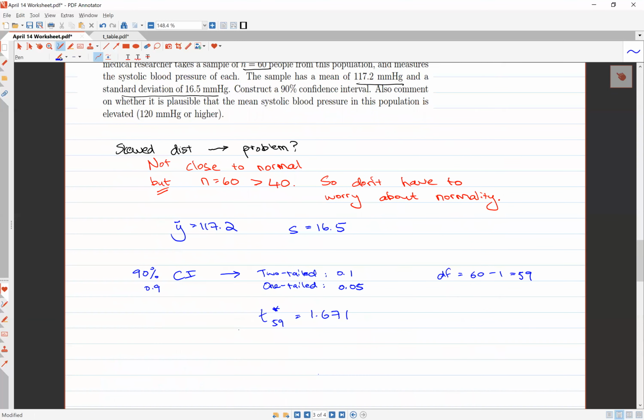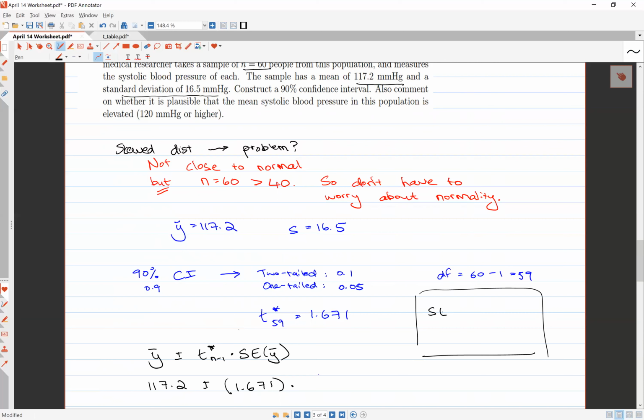So this now gives us what we need to construct that confidence interval, y bar plus or minus t star times the standard error. So in this case, 117.2 plus or minus 1.671 times, and we need to do our standard error really quickly. This would be s over square root of n.